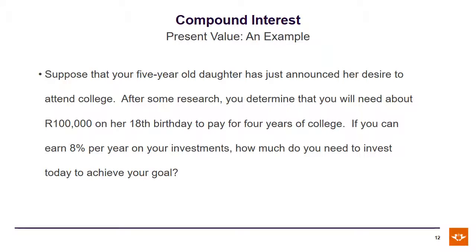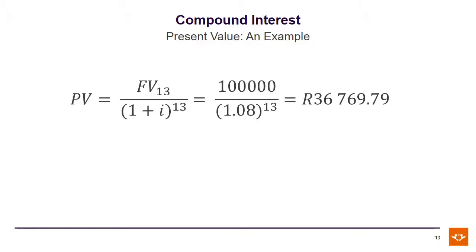So using the formula to solve this problem, we're going to start with our future value, which we know is 100,000 Rand. That's what we need to have when your daughter turns 18. The interest that you will generate on this investment is 8% per annum. And you are told that your daughter is currently 5 years old. So you have another 13 years to generate the 100,000.